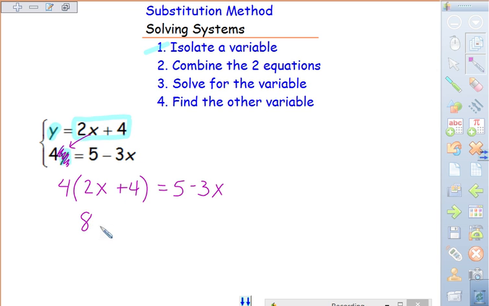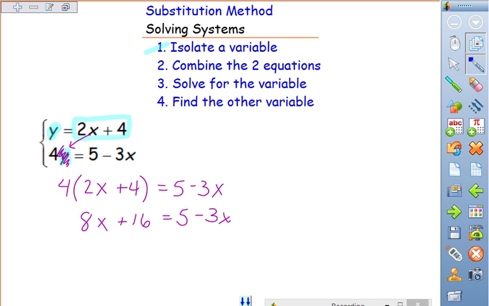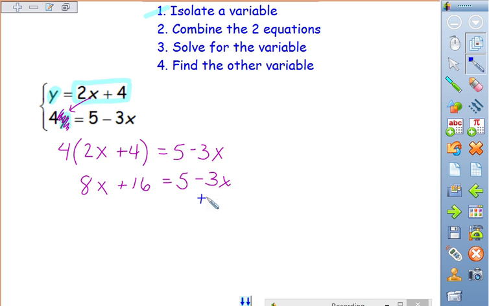Distribute. Now we want to get our letters together and get our numbers together. So I'm going to add 3x.